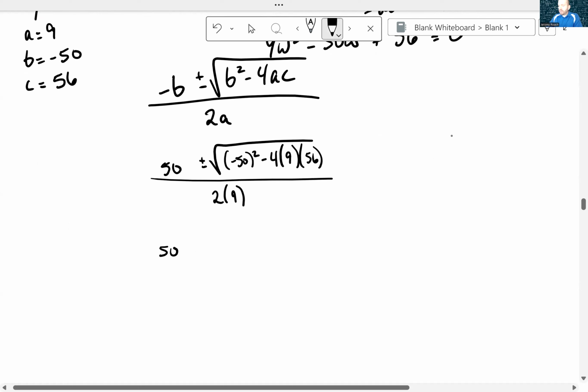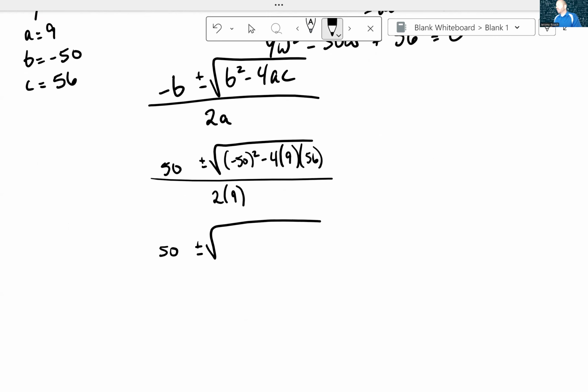We get 50 plus or minus the square root of, these numbers get a little bit tricky to calculate. I'd suggest using a calculator if you need to. And then this is minus 4 times 9 times 56, which is 2016, all divided by 18.